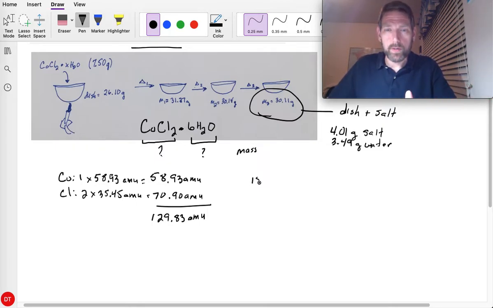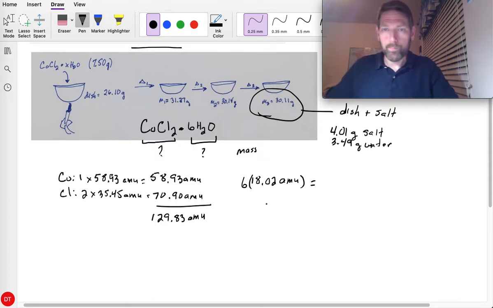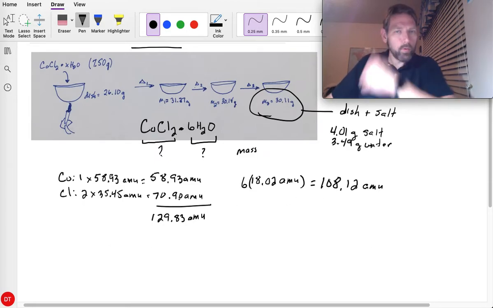So that's 18.02 AMU, but we've got 6 of those, so 18.02 times 6 gives us 108.12 AMU. So the total mass, right?